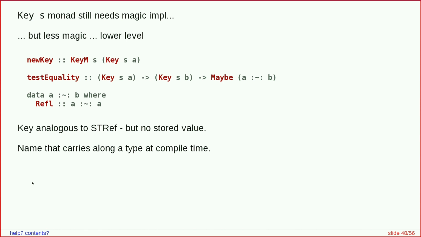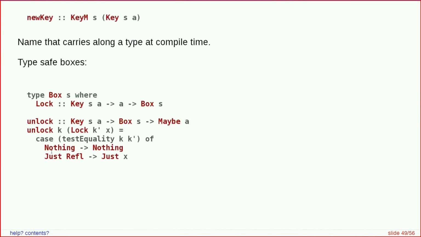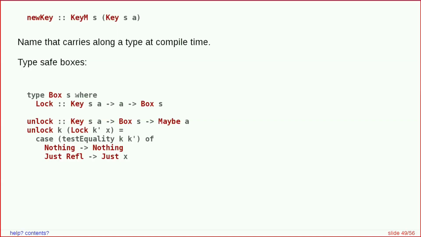Okay, so we can do a case match on testEquality, which I'll show you here. One simple building block is you can make a thing called a box, and it can store a value of type A, but the type for Box doesn't have that type. So it's a box. We've got no idea what's stored inside it. Okay? And I can have a key, which does have a type, and I can come to the box and say, does this key unlock this box?